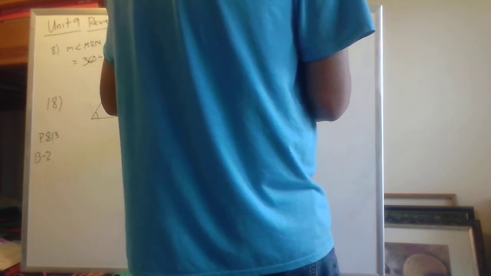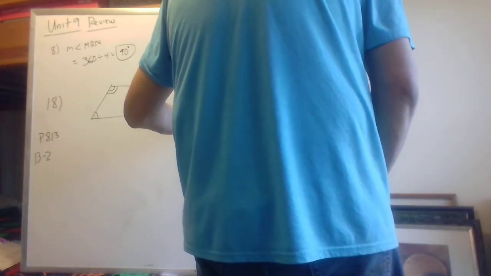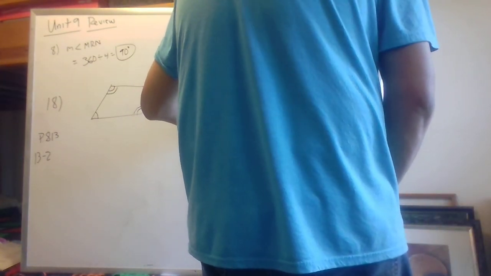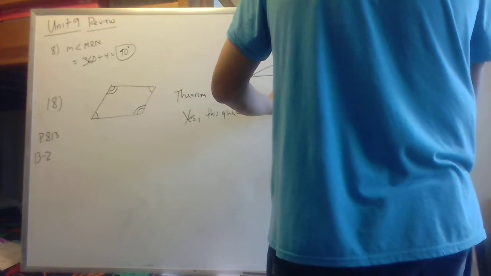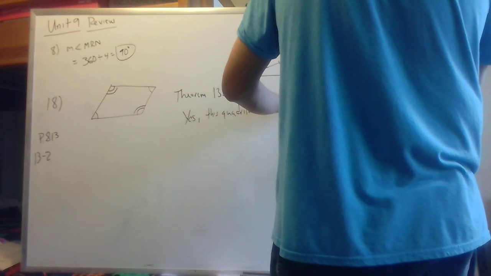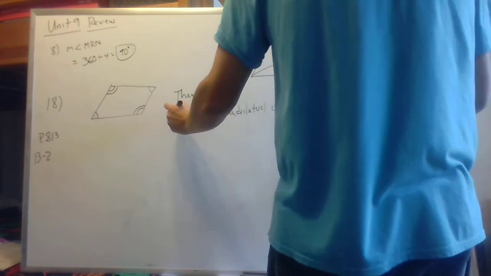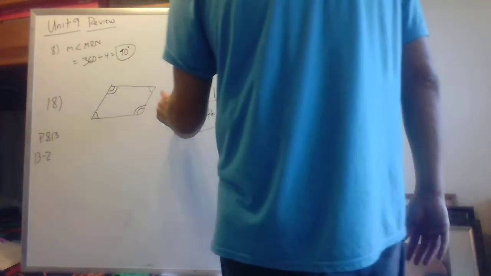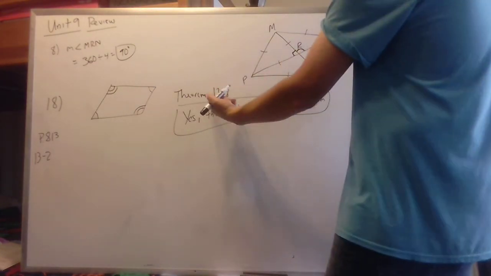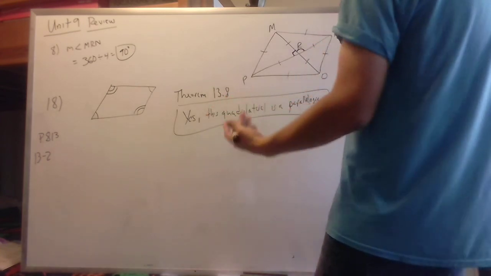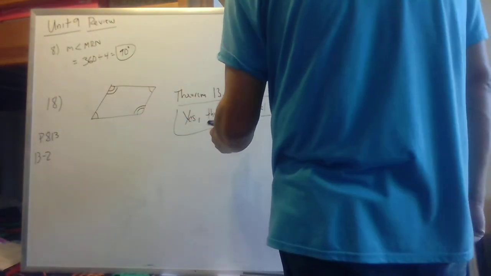this quadrilateral is a parallelogram. I wrote the theorem down, and if you want to explain it in more detail, if I see the theorem, then that's good, but I kind of want you to write the reasons why this quadrilateral is a parallelogram.